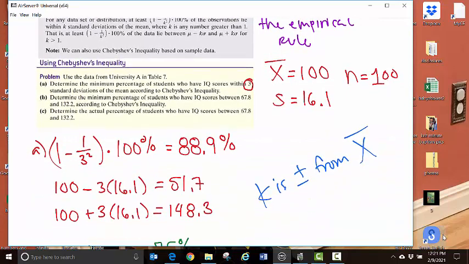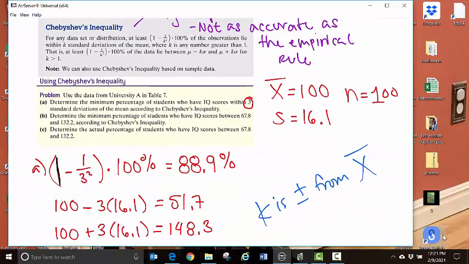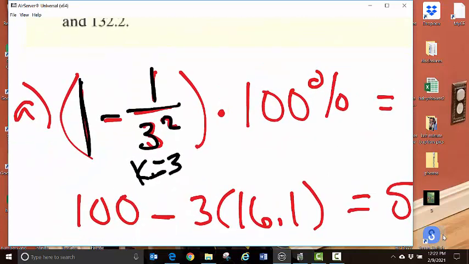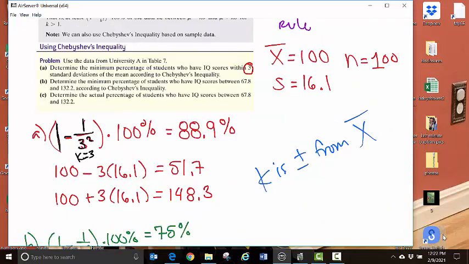Okay, it says 1 minus 1 over k squared. We want to know the percent if we're 3 standard deviations away, so then k is 3. So I just put a 3 into this formula, and you would get 88.9%.